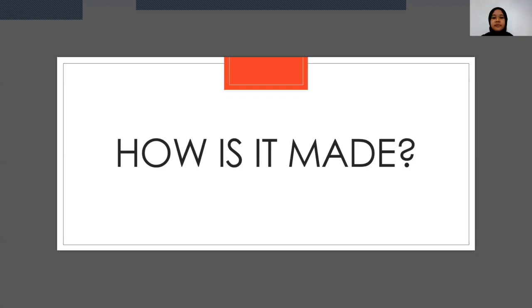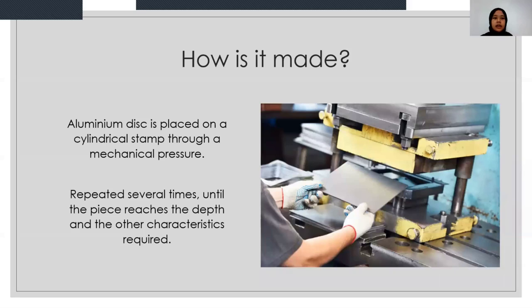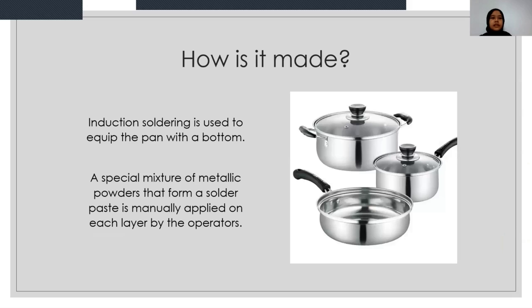Okay, how is it made? An aluminium disc is placed on a cylindrical stem and pressed mechanically, repeated several times until the piece reaches the depth and the other characteristics required. Induction soldering is used to equip the pan with a bottom. A special mixture of metallic powder that forms a solder paste is manually applied on each layer by the operators.